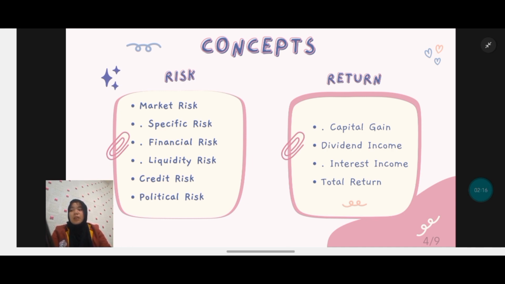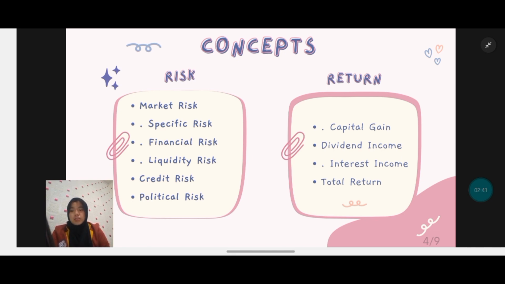Number 4, liquidity risk. Liquidity risk relates to the ease with which an investment can be bought or sold without significantly affecting its price. Less liquid investments are riskier in this regard. Next, credit risk, also known as default risk.